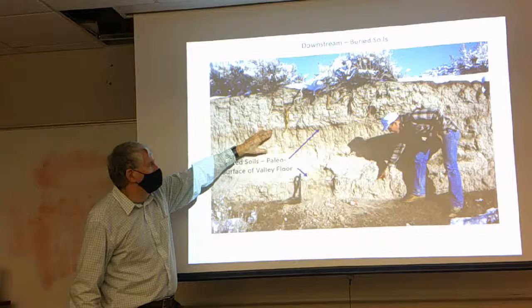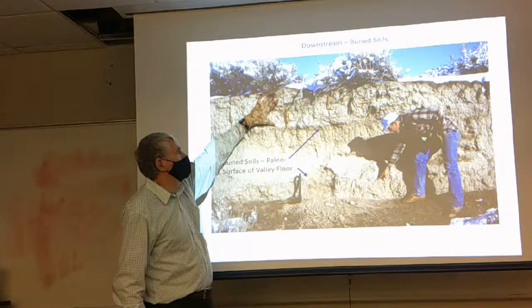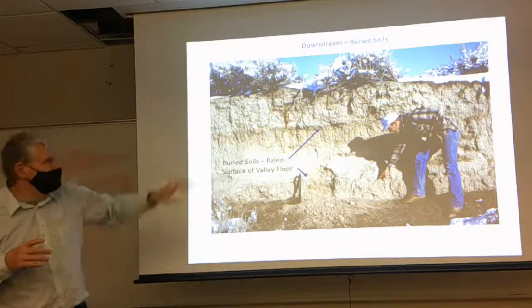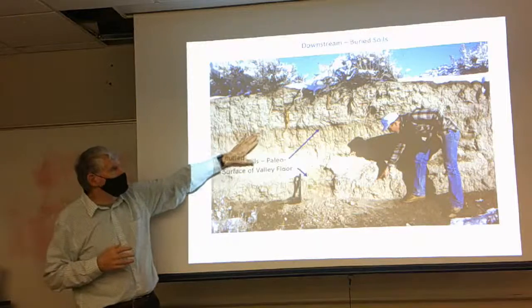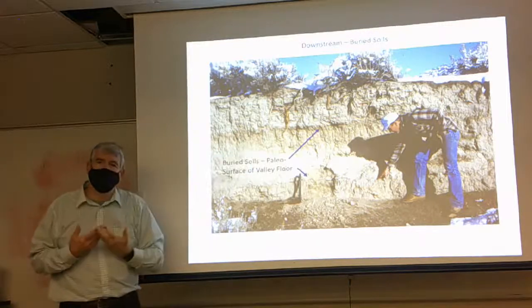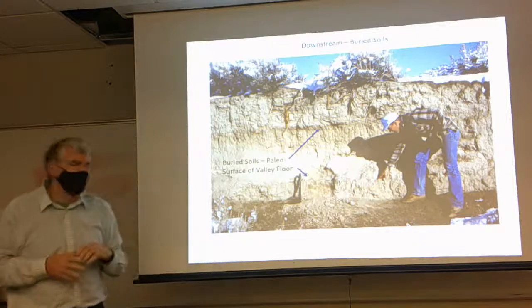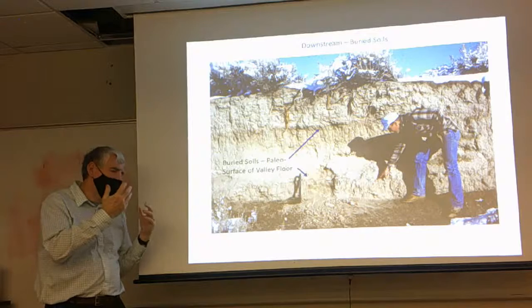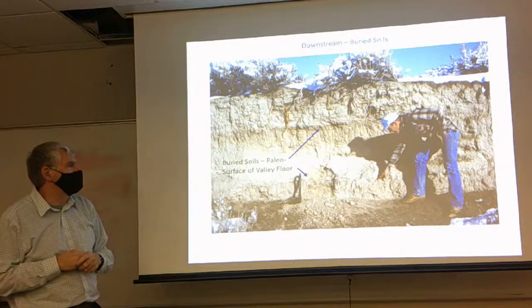Then we had another period of stability, and then another renewed period and buried that. So we can have these different things along the stream. Now, in true honesty, this picture actually came from Nevada, but it's giving us the same thing. I simply didn't have a really good picture of the sequence that occurred along the Rio Pilcomayo, but this was happening along the Rio Pilcomayo.